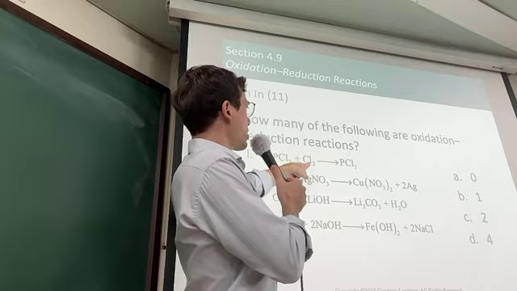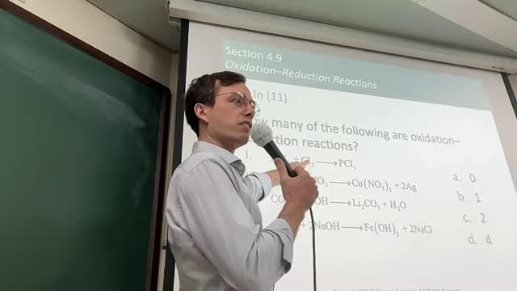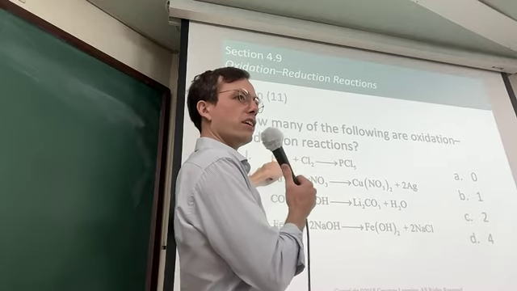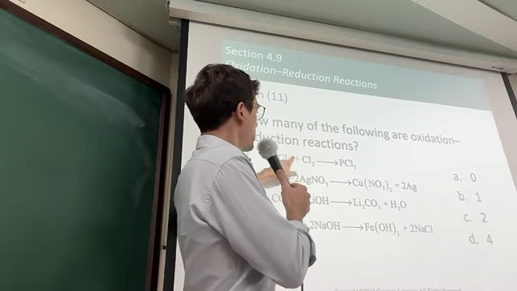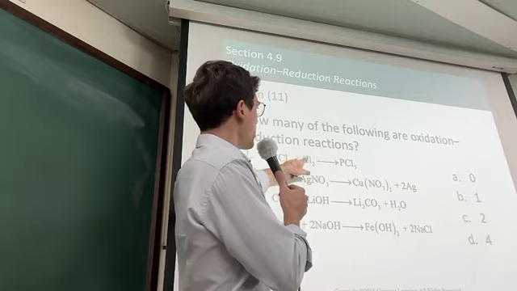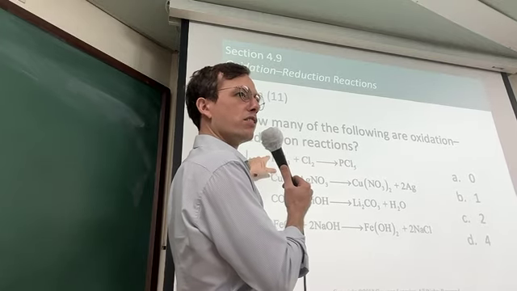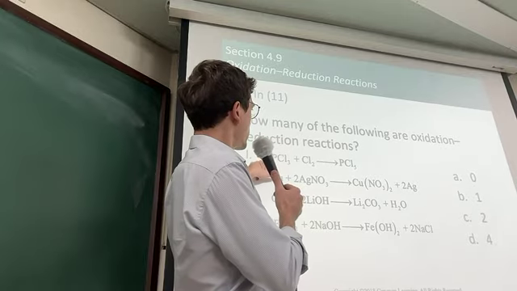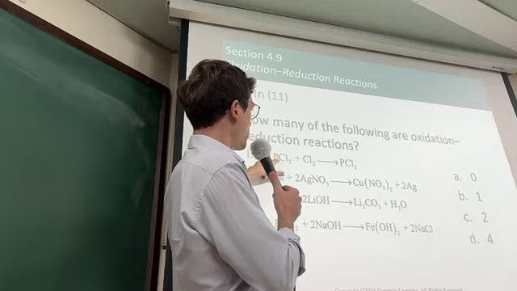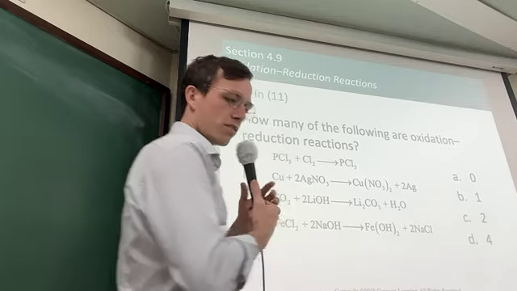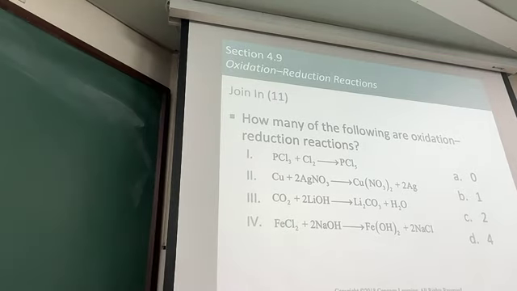What are the oxidation numbers here of chloride? 0. And here? -1. Right? So here's -1 and 0. How about phosphorus? Plus, not 1, 3, right? Plus 3. Okay, so let's write this down.